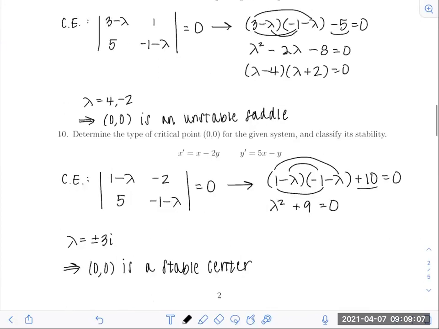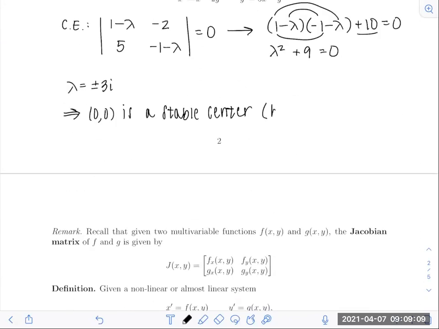So I'll just add that in for clarification. All right. So there's a couple of examples of working with eigenvalues to classify critical points. Again, pretty straightforward as long as you have the theorem and classification.